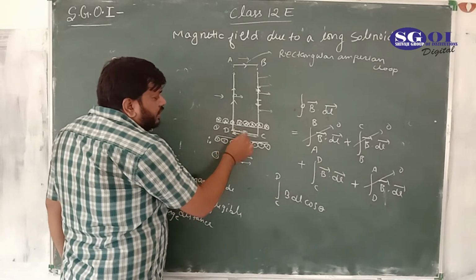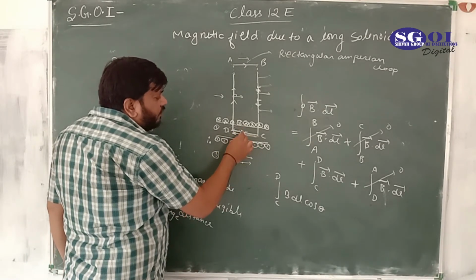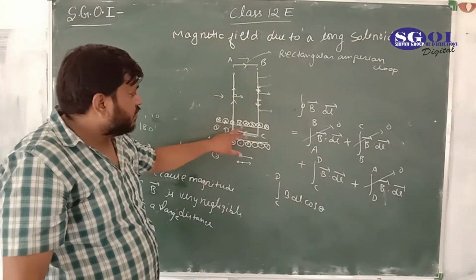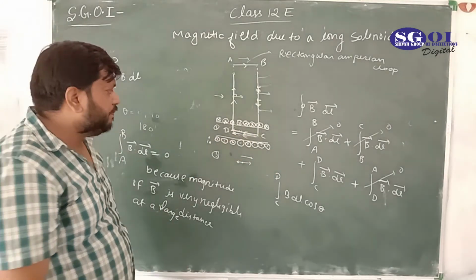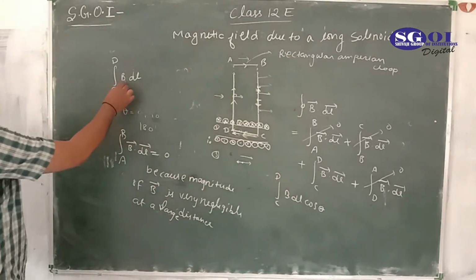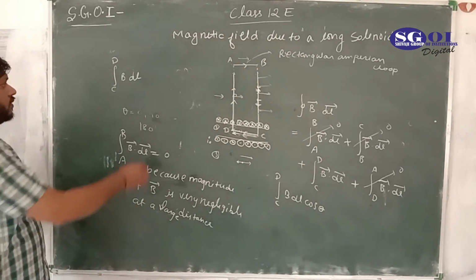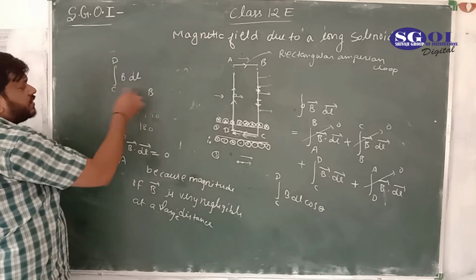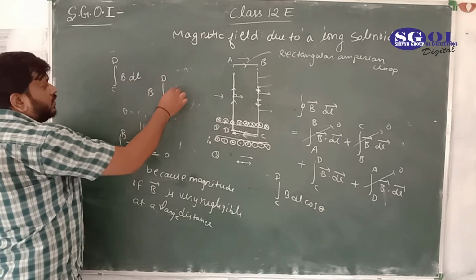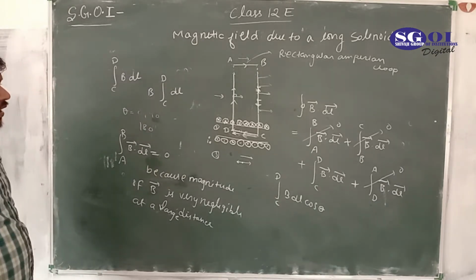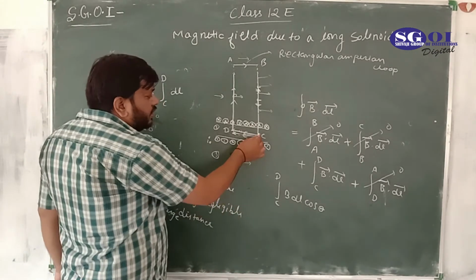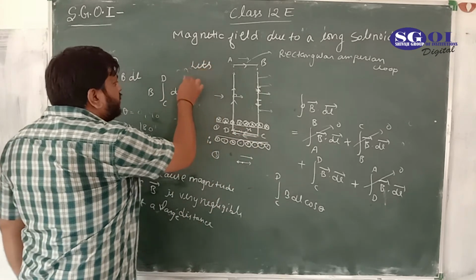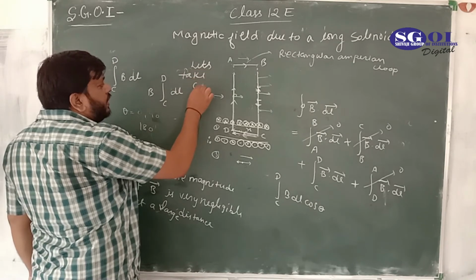And the distance of the current element from here, this part and this part, is the same. So the magnitude of the magnetic field B would be constant, so we can take this term out: C to D, dl. Let's take CD equal to x.